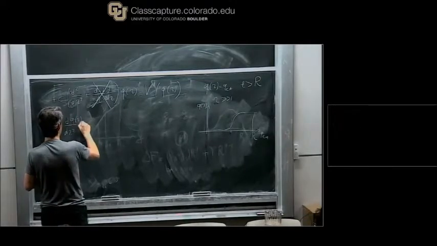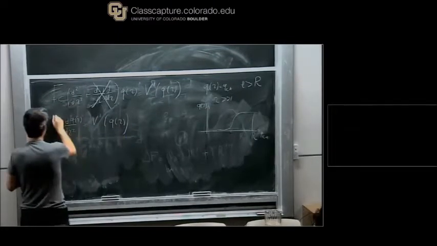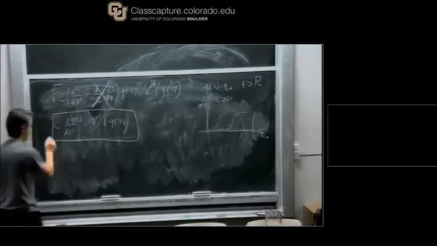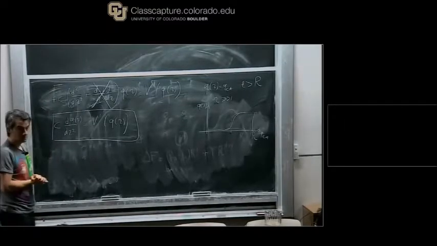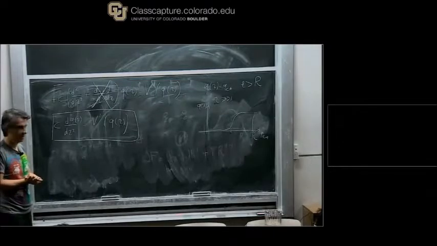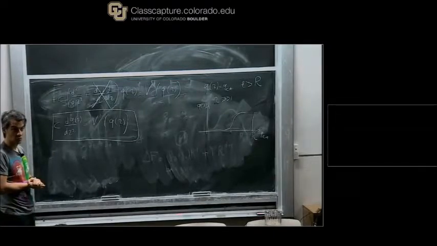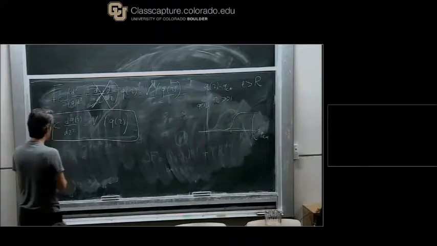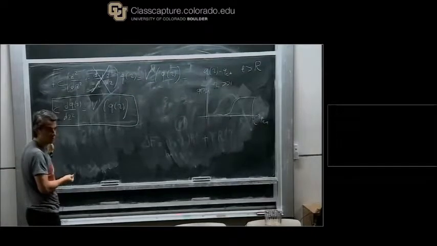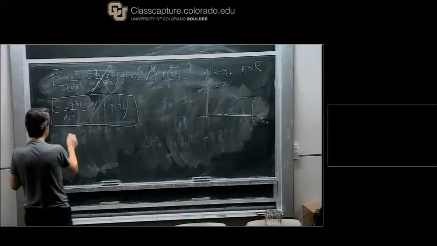Q double prime of r equal to V prime of Q of r. So now we have to solve this equation. What does it remind you of? Did you see it already? Yes, good. This is just Newton's equation for one particle in one dimension. Let me make the translation.